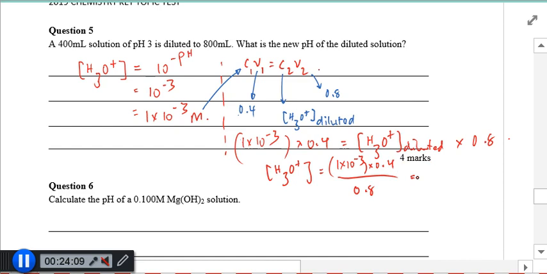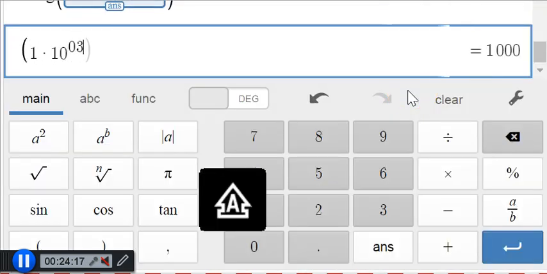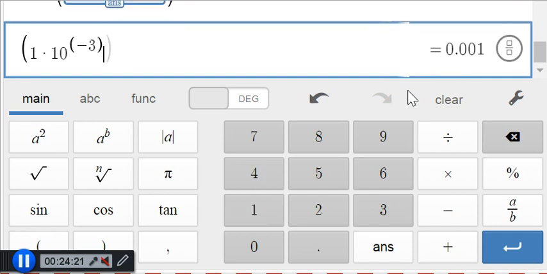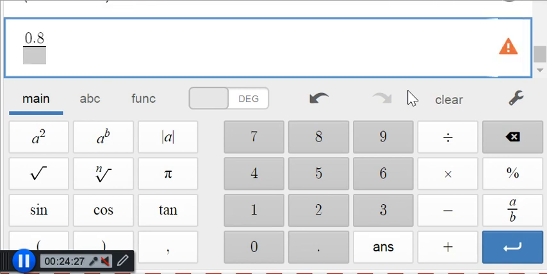That should give you your concentration of H3O plus, and then you've got to work out the pH from there.